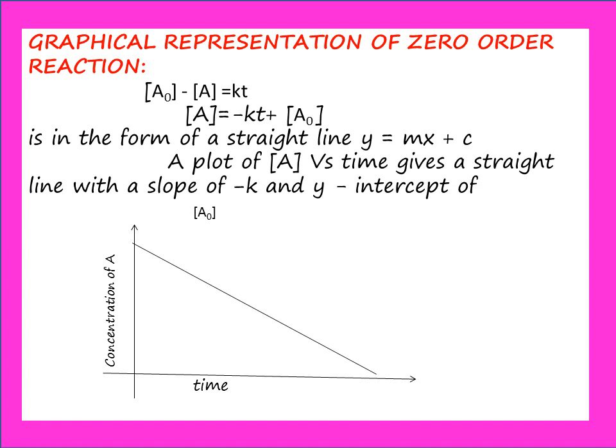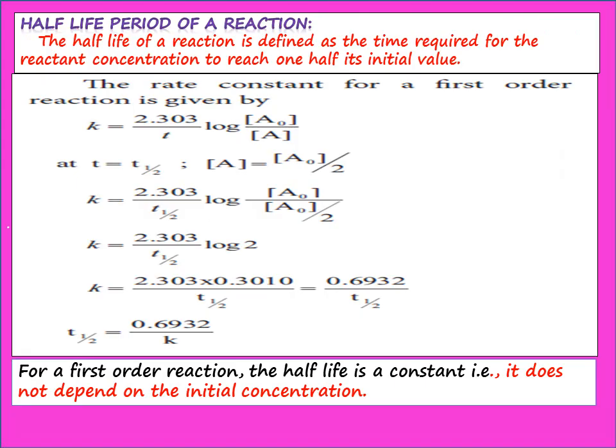This equation looks like the equation of a straight line, y is equal to mx plus c. So if you plot a graph by taking time on the x-axis and concentration of A on the y-axis, you will get a straight line with a slope of minus k, and the intercept will be A naught, the initial concentration.